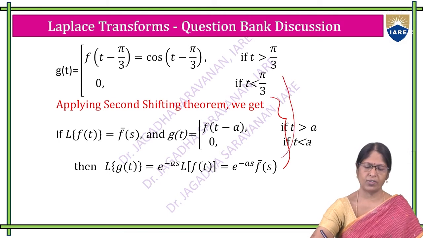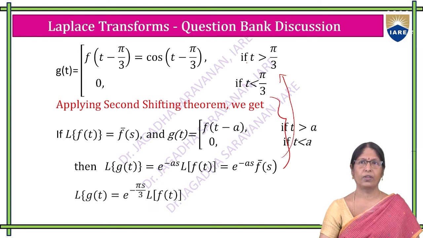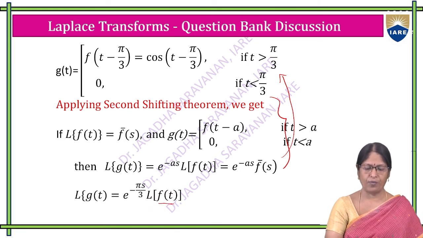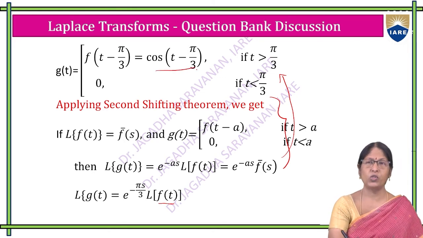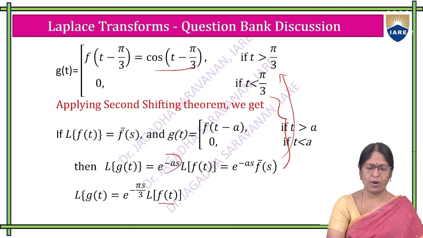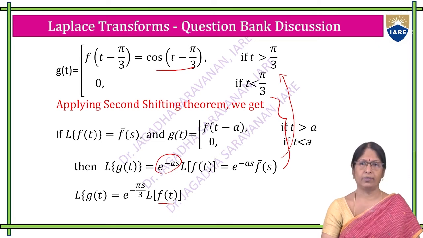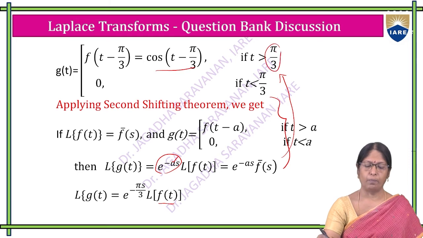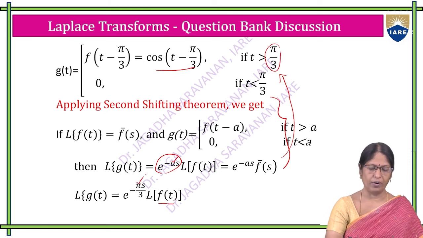We are just understanding, giving the connectivity to our problem. According to our problem, f of t is cos t, from which we are extracting, e power minus as. Our a is pi by 3, which is replaced.